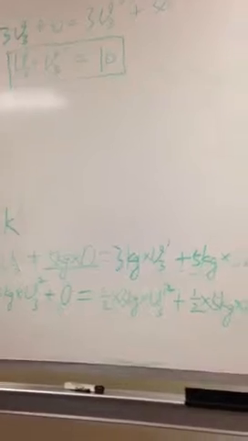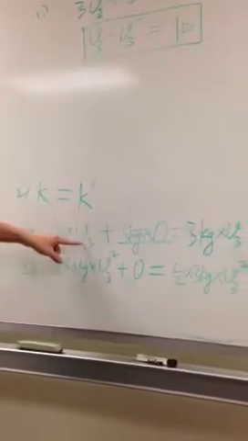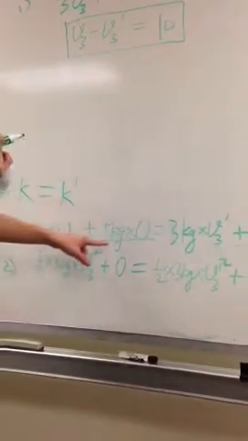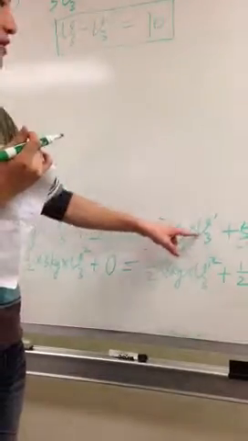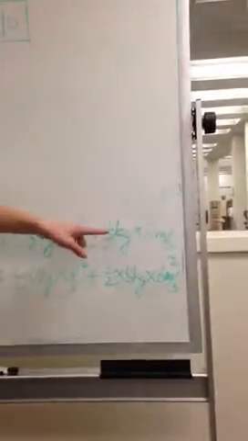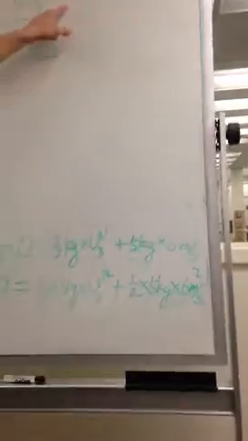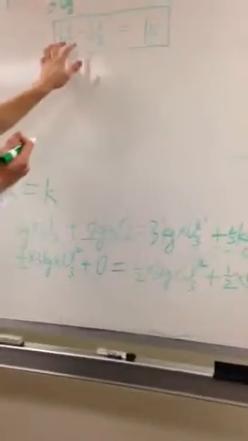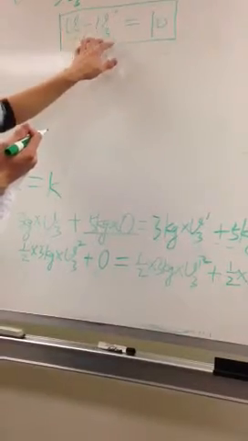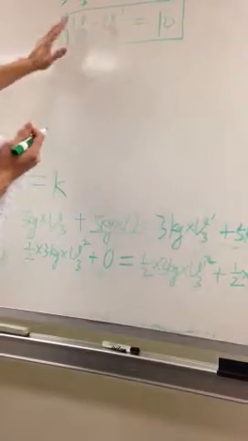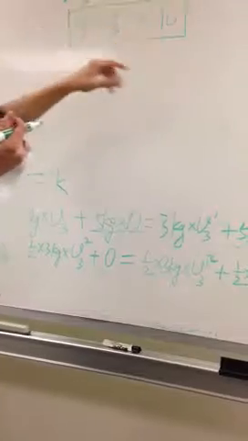So it's 3 V3 plus 0 equal to 3 V3 prime plus 30. If we move this to the left, we get 3 times this minus this equal to 30. So if we divide by 3, we got this.